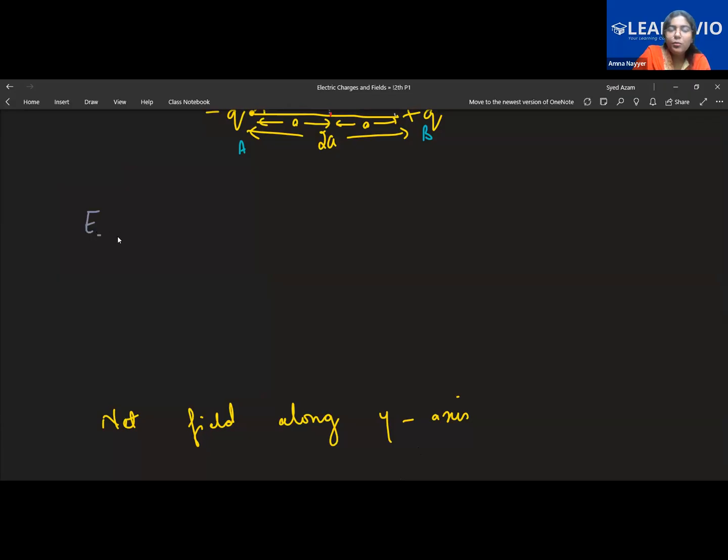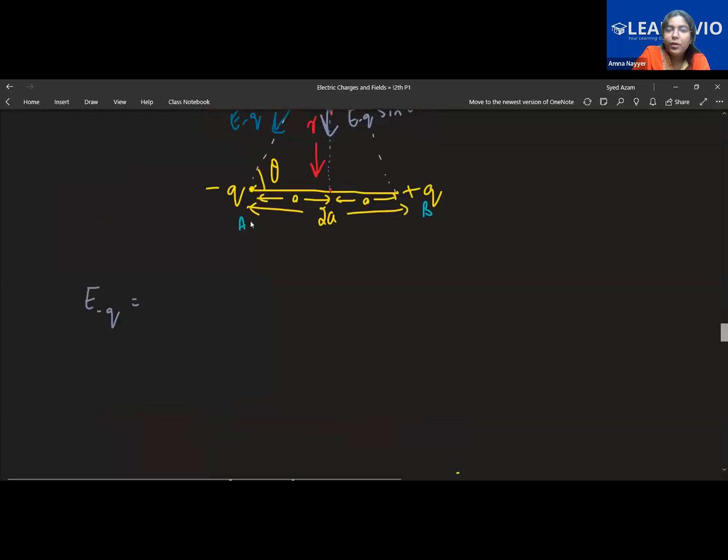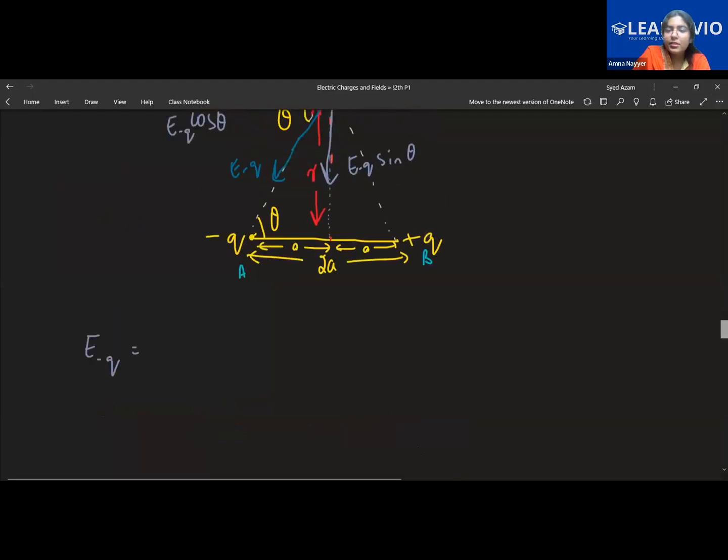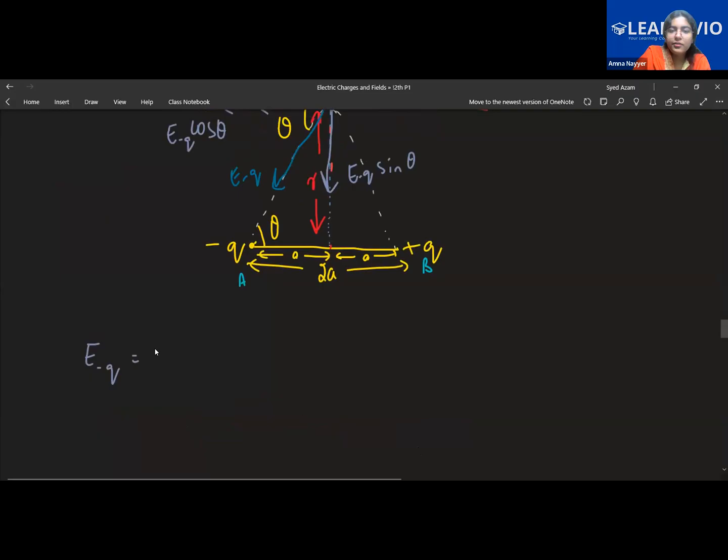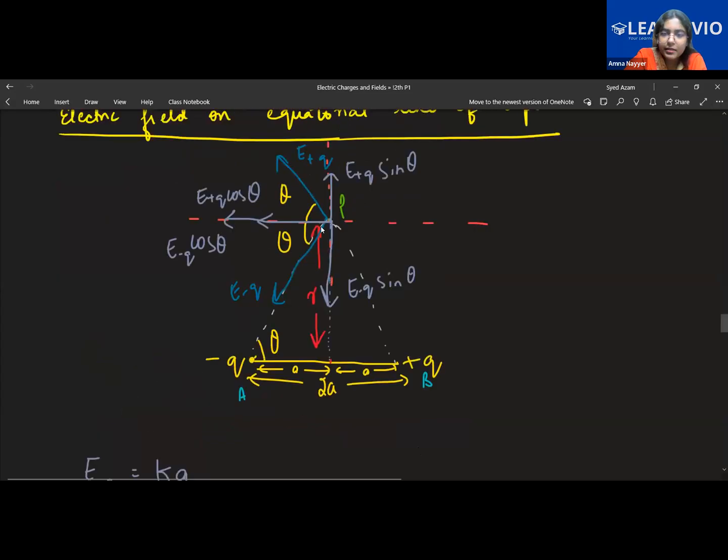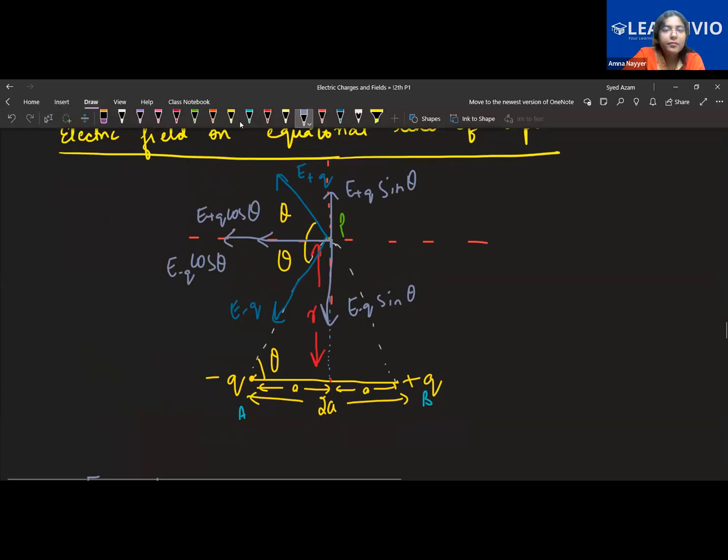So E due to minus Q, meaning this charge. So look, the formula will be kQ divided by. Now, can anyone tell me what should be the separation? This is r. Ma'am, root of r square plus a square, is that right? Correct.